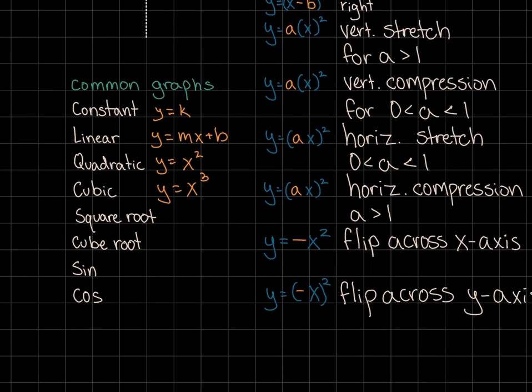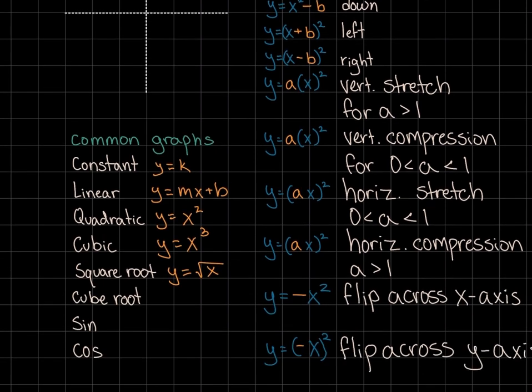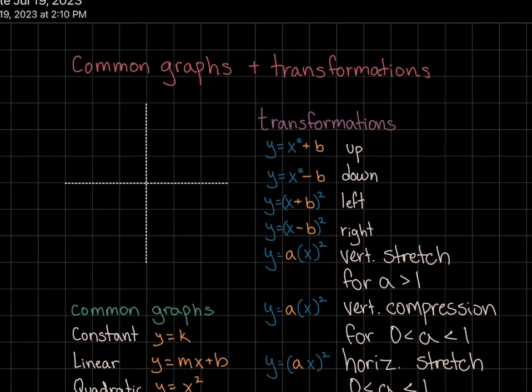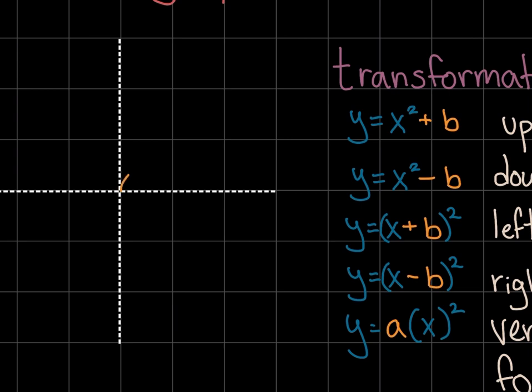A square root graph is y equals square root x. Now this is an interesting graph just because you'd expect it to look similar to a quadratic, but it is kind of similar, except a part is omitted.